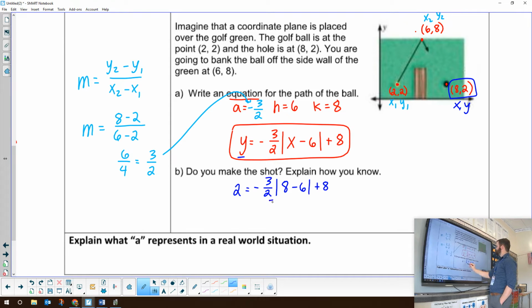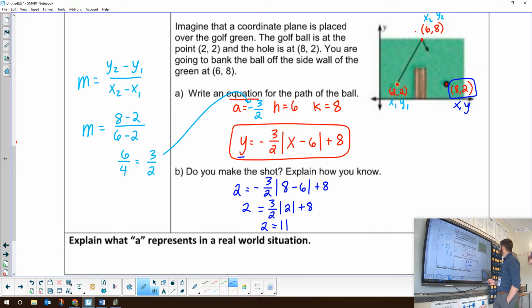Well, 8 minus 6 is, of course, 2. Now, 3 over 2 times 2 is just 3. And then 3 plus 8 is, oh, wow, okay. Well, it's just going to be, honestly, guys, it's just going to be 11.